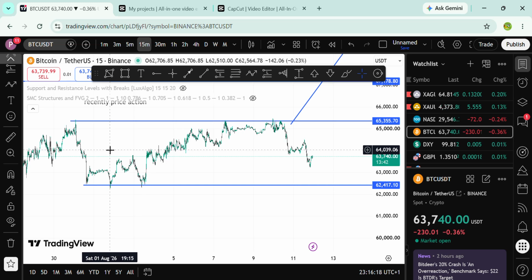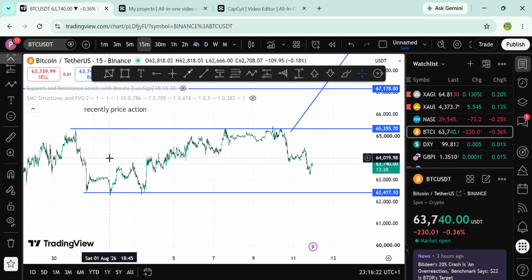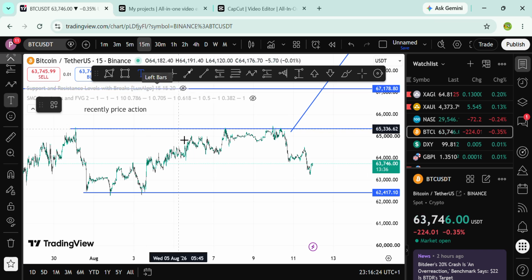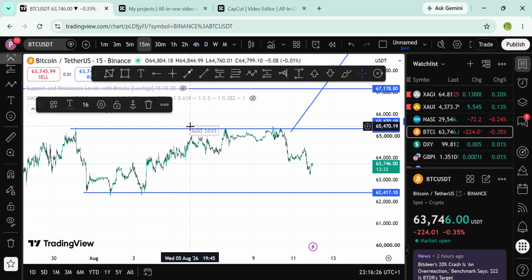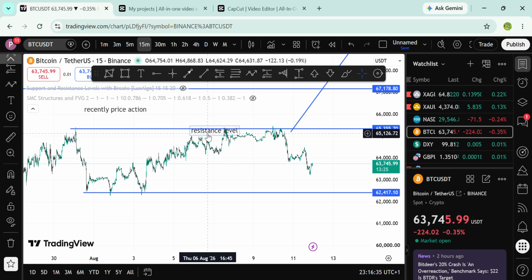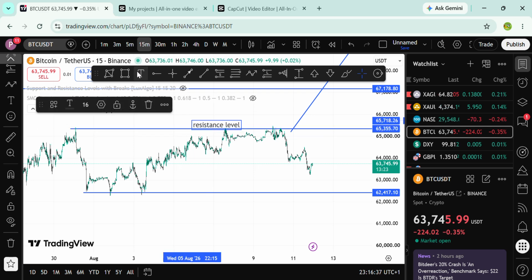So look at what the recent data the market is telling us now. The 15 minutes time frame is telling me that this is our resistance level, and the 15 minutes time frame is telling us that this level is our support level.